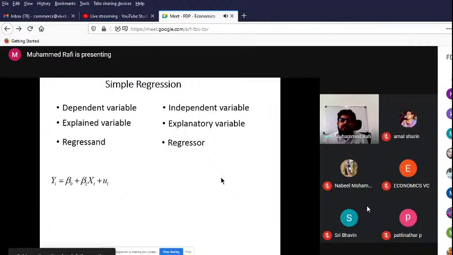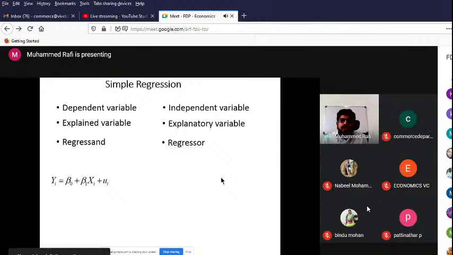Suppose we are talking about the absolute income hypothesis. We are talking about the relationship between your current consumption and current income. So the Keynesian absolute income hypothesis says that consumption depends upon the current income.